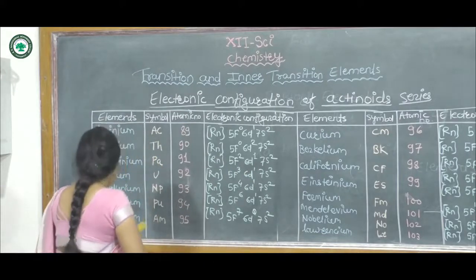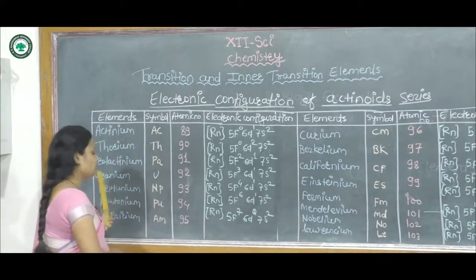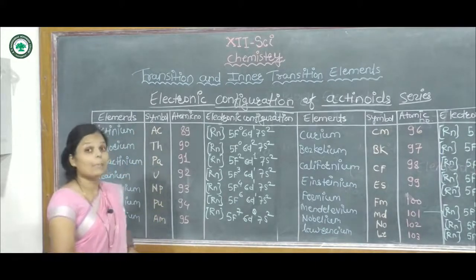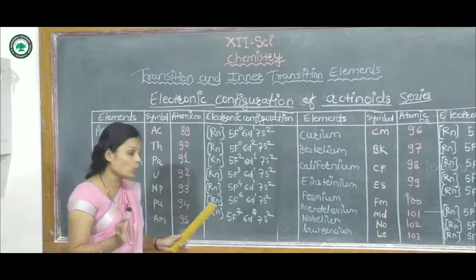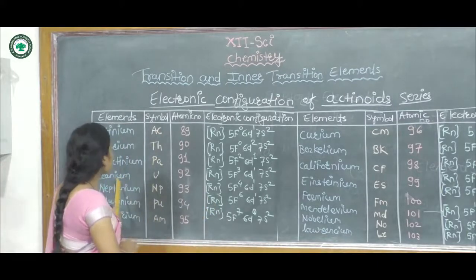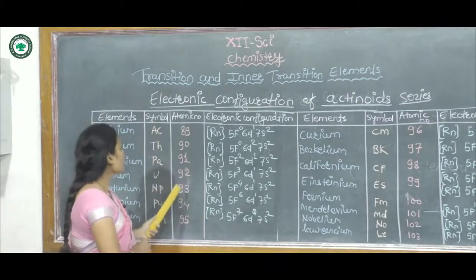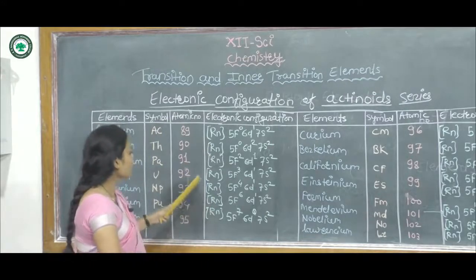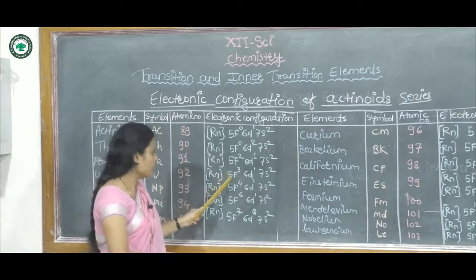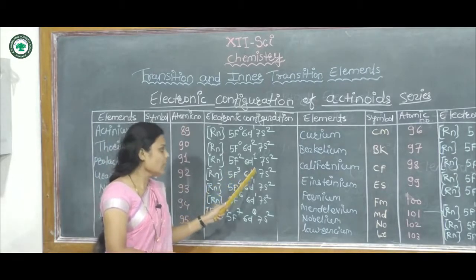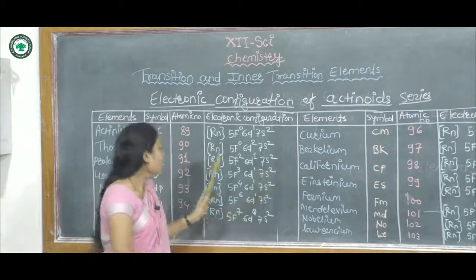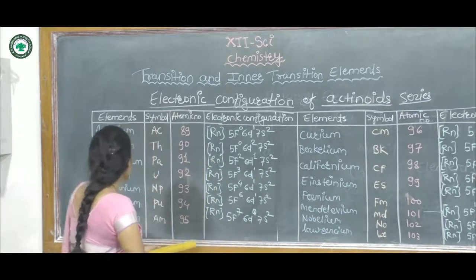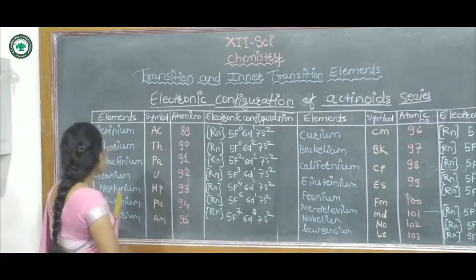Now the next element is uranium. The symbol of uranium is capital U, only capital U. Atomic number of uranium is 92, and its electronic configuration is 5f3, 6d1, 7s2.